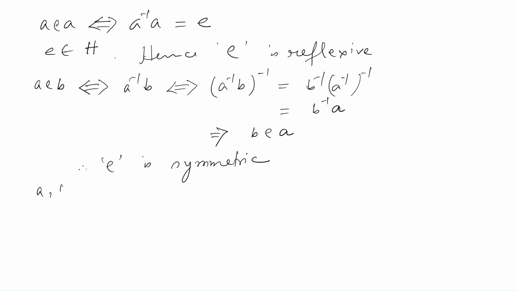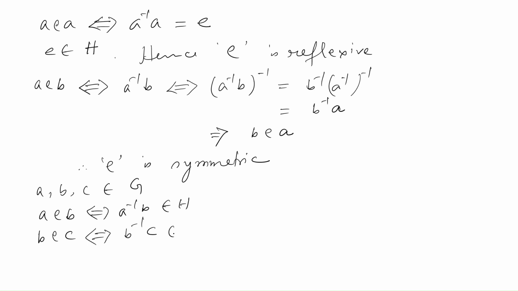Now let's take a, b, c belongs to G. Then a rho b implies a inverse b belongs to H. b rho c implies b inverse c belongs to H. Now let us multiply both of these, a inverse b times b inverse c.